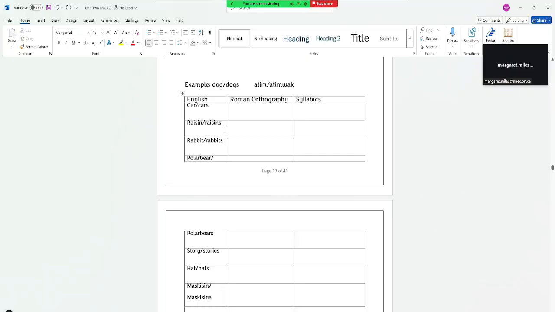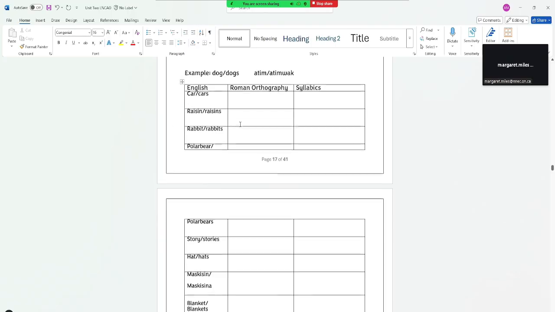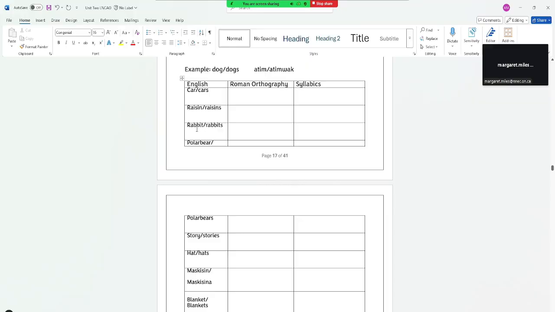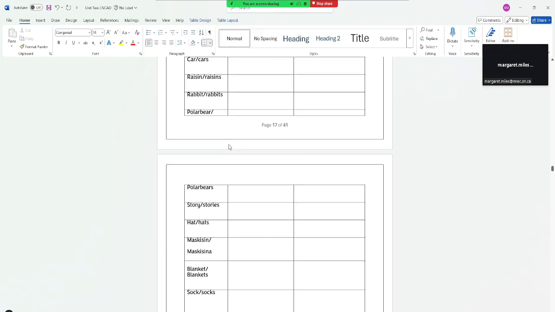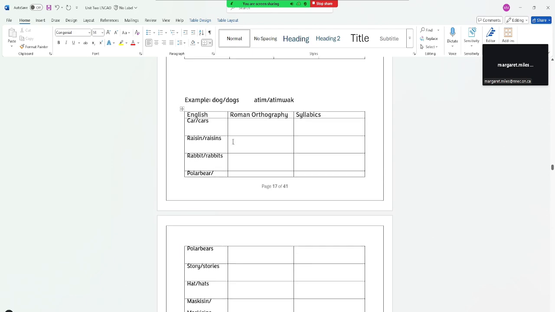For the second one, it says raisin and raisins. So sominis and sominisek. Wapos, wapusek. Polar bear and polar bears.